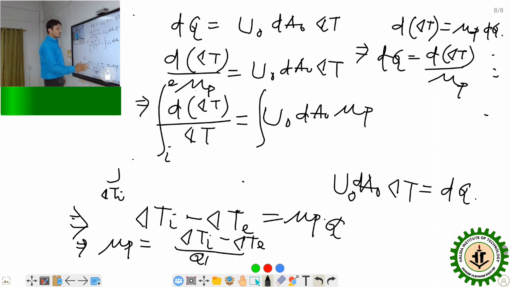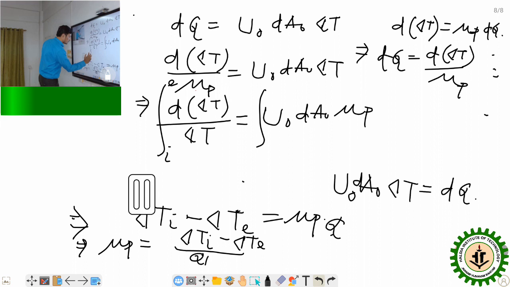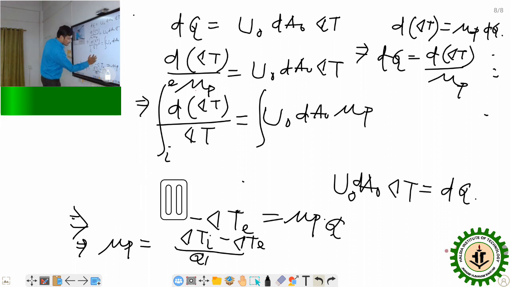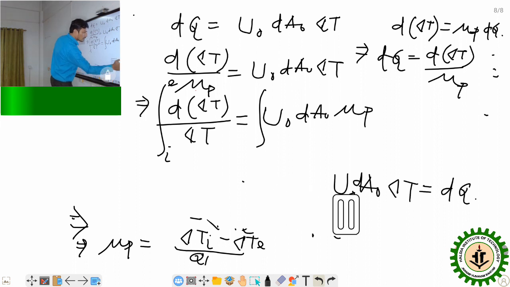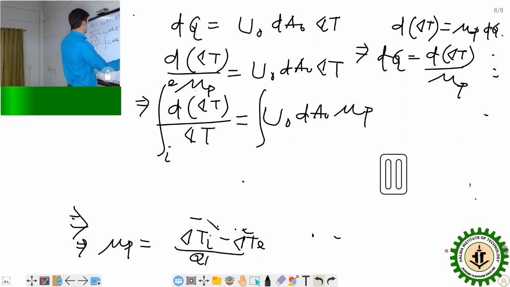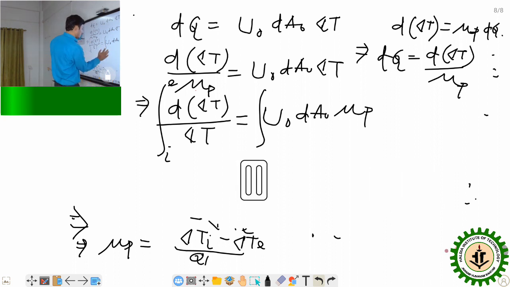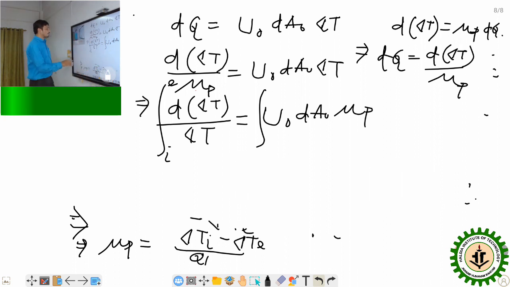Next, what can we get? So this is the equation. Here there will be the integration of this.